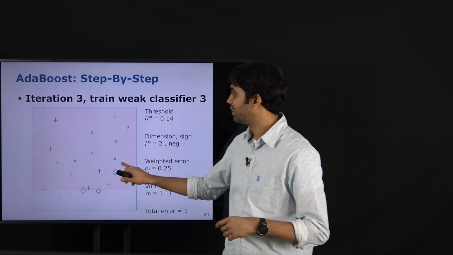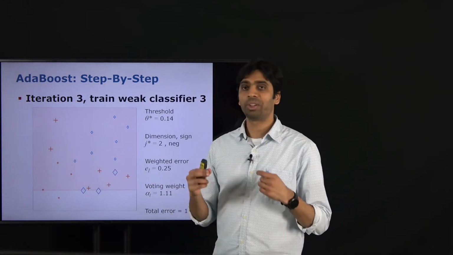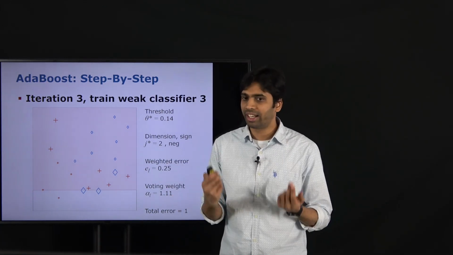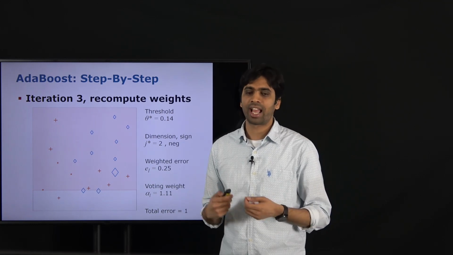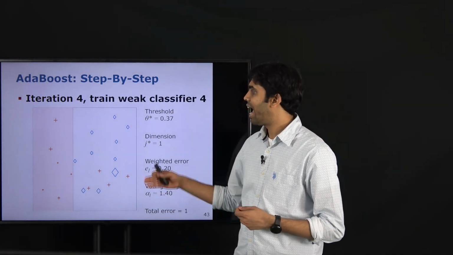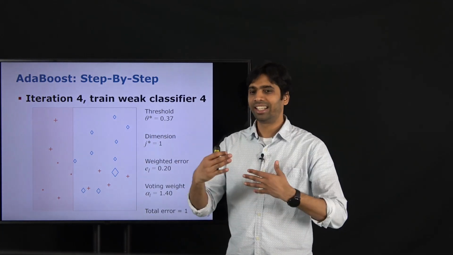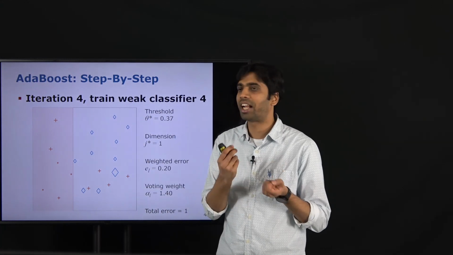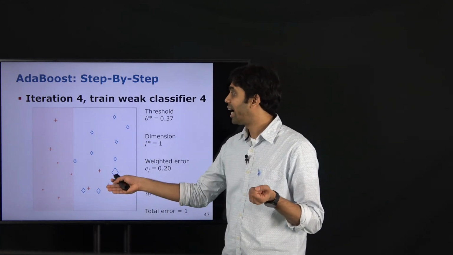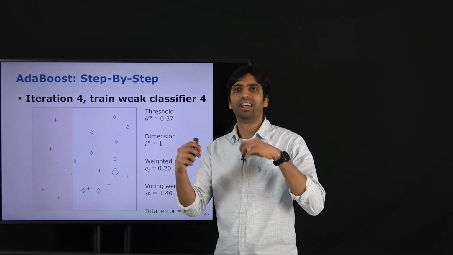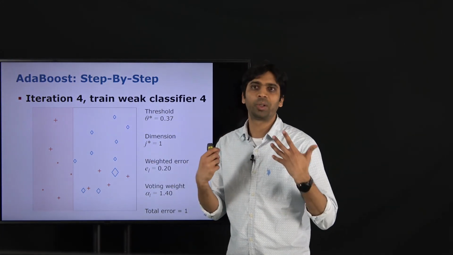So you can repeat this process again. Since these diamonds are bigger now, you try to make sure that those diamonds are properly classified. You recompute the weights, and we do this a few times, so I'll just go over them slowly. As the iterations increase, maybe the weights are no longer equally distributed, but that's the magic part of it, because you make the weights of those examples bigger which are becoming harder and harder to explain.